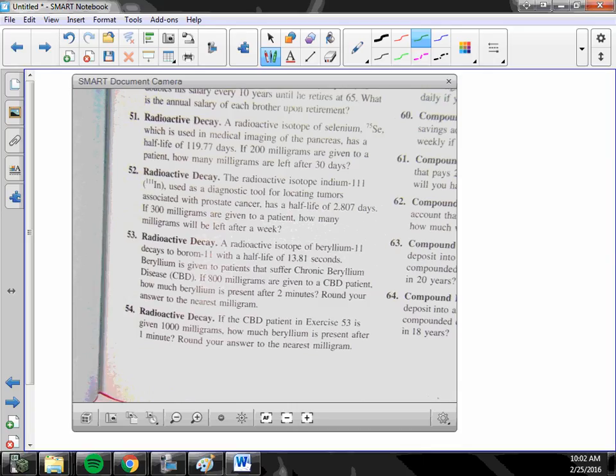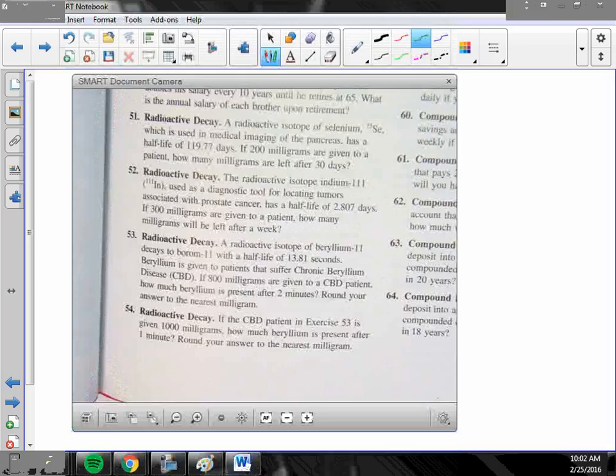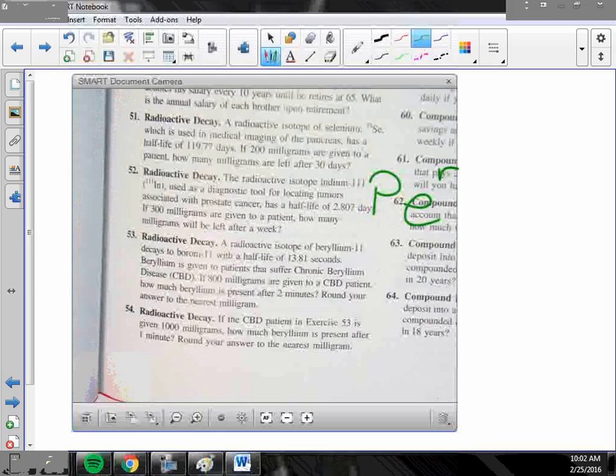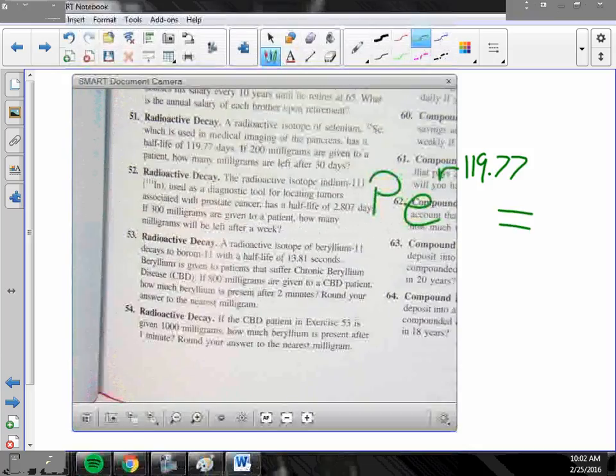So if I had some unknown amount, so P, e raised to the R is unknown, and it takes 119.77 days, what am I going to set that equal to? What do I put in for P?